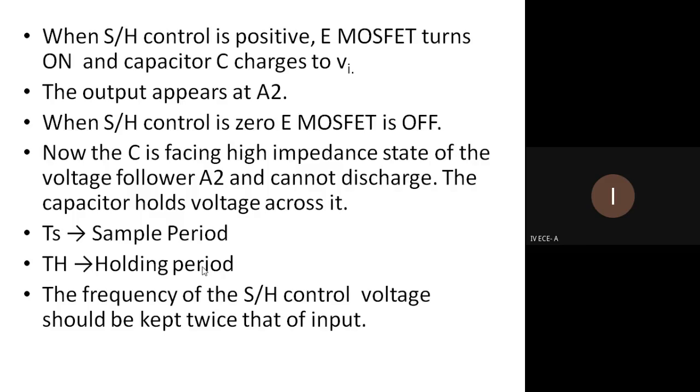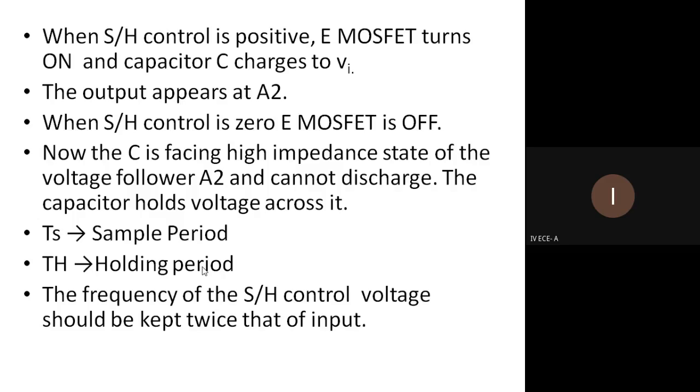Then when the S/H control is 0, the E-MOSFET is off. Now the capacitor C faces the high impedance of voltage follower A2 and cannot discharge, so the capacitor holds the voltage across it. Whatever the sampled value, it holds that value. Here Ts is the sample period and Th is the holding period.